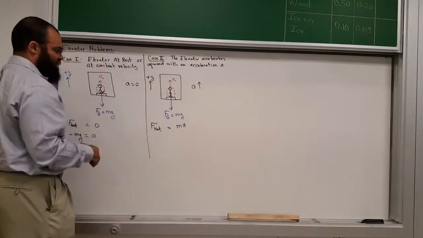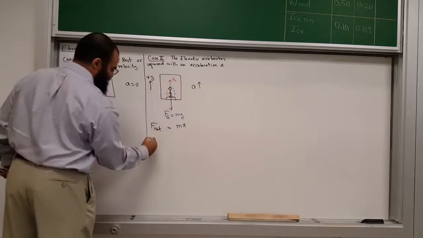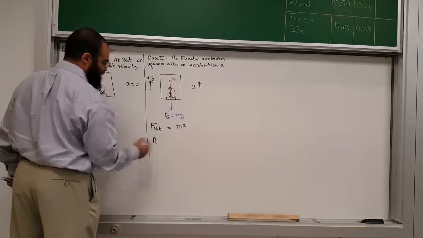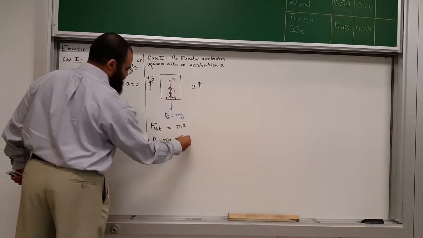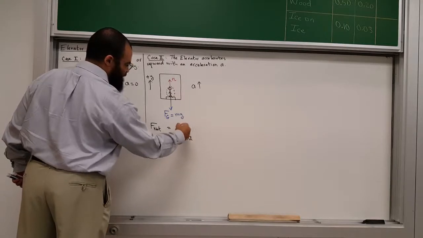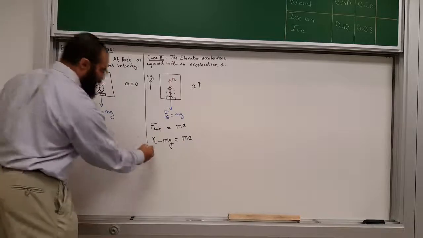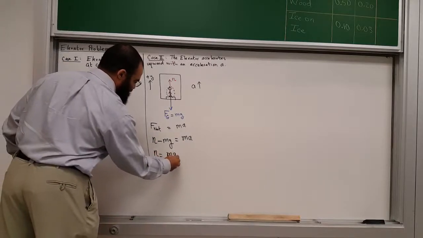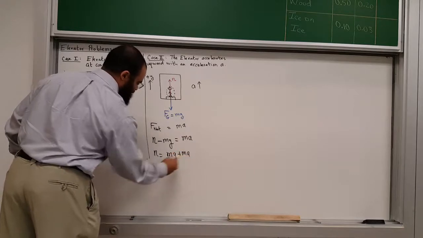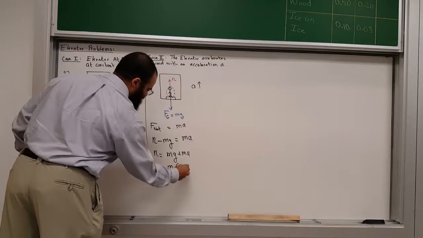The net force consists of a normal force in the positive y direction, and then mg downward, equal to mass times acceleration. The acceleration is positive, so I just put ma because it's in the upward direction. Therefore, the normal force from the scale will be equal to mg plus ma. So the normal force is just m times (g plus a).